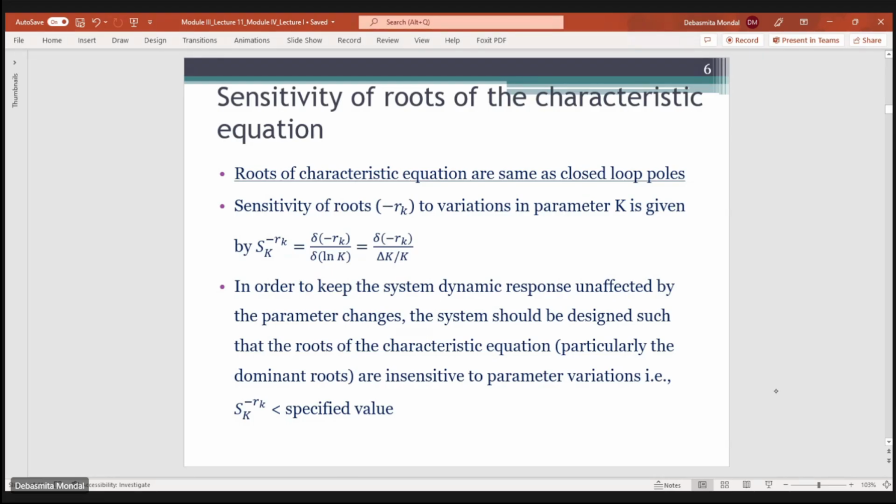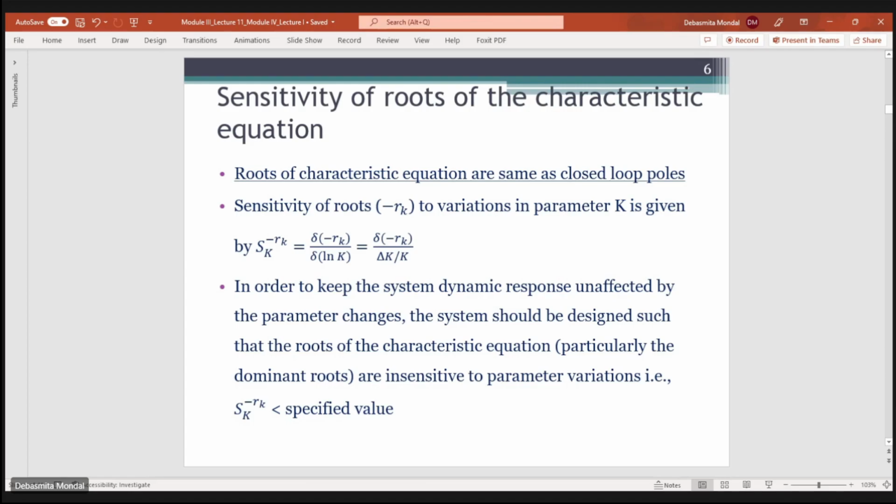Now the sensitivity of the roots to variations in the parameter k is given by this equation. S of minus r_k by k is given by the deviation in the position of the root divided by the variation in the parameter k. In other words, in order to keep the system response unaffected by parameter changes, ideally if we change the value of the parameter, only the position of the closed loop poles and zeros should change.